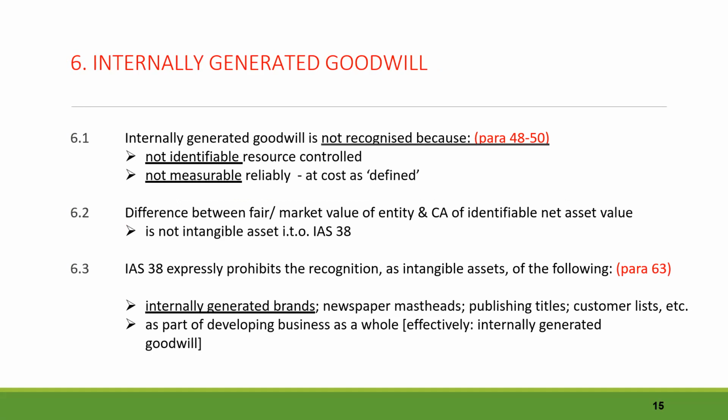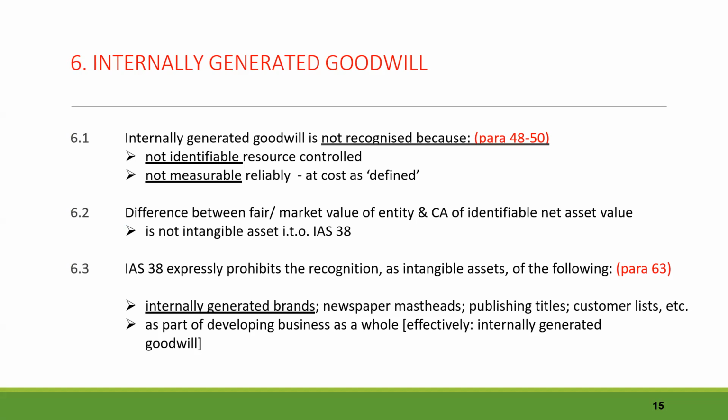The next one was internally generated goodwill. Okay, so goodwill is a term that you are familiar with, again, under IFRS 3, and you can only recognize the goodwill acquired in a business combination, but that is different from the goodwill we're talking about here. So internally generated goodwill is not recognized as an asset because it is not an identifiable resource, meaning that it's not separable. It doesn't arise from any contractual or legal rights.